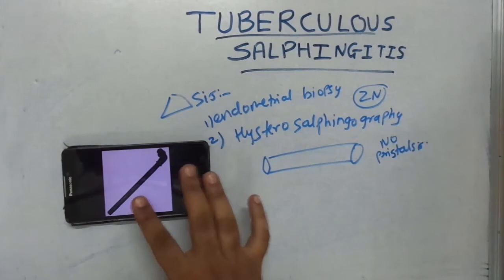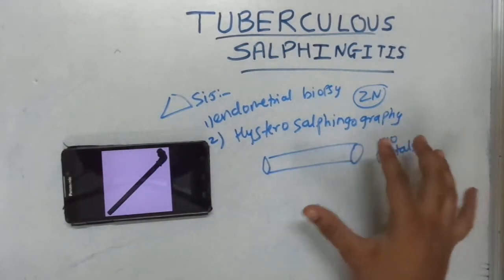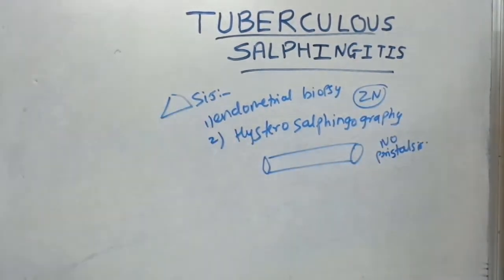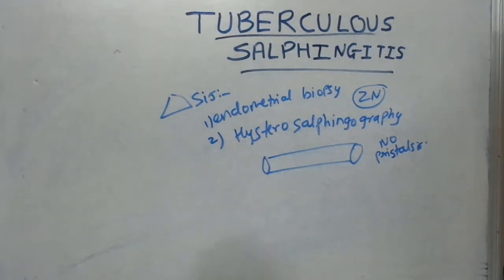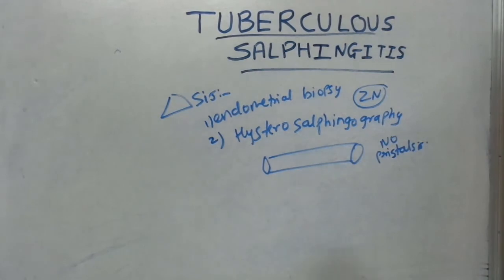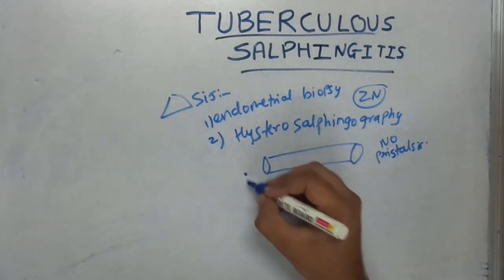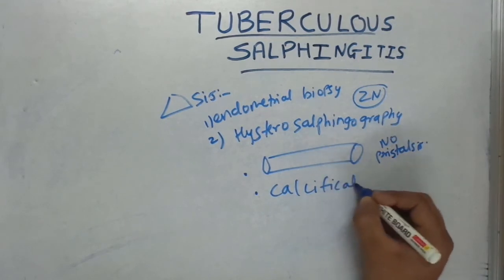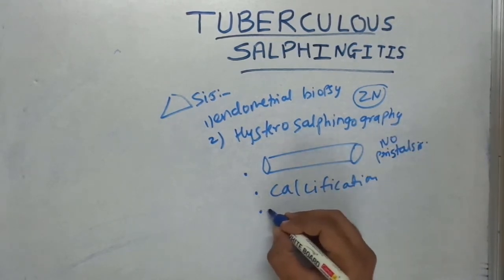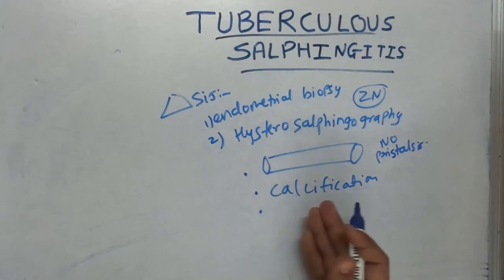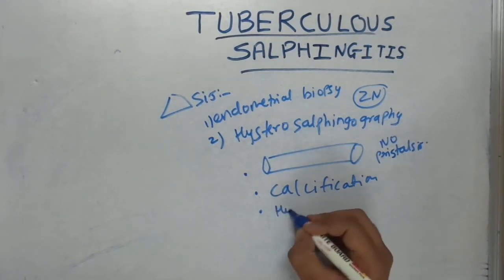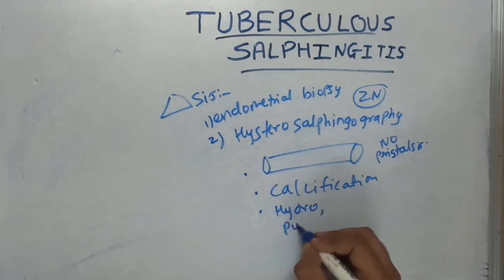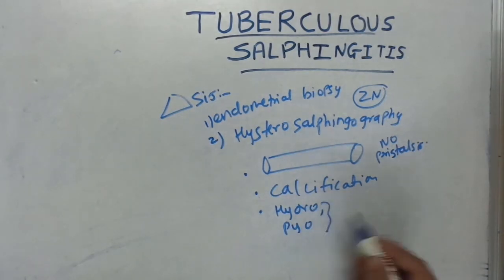Lead pipe appearance, which is seen in hysterosalpingography of tuberculous salpingitis. Then in tuberculous salpingitis, we can also see calcification of the fallopian tube. Also, we have seen earlier hydrosalpinx or pyosalpinx. The appearance is a tobacco pouch.